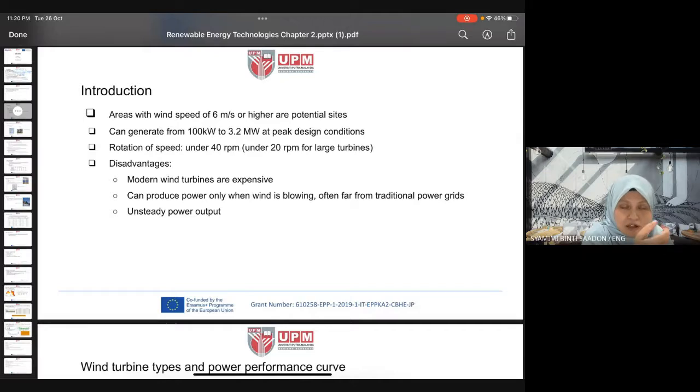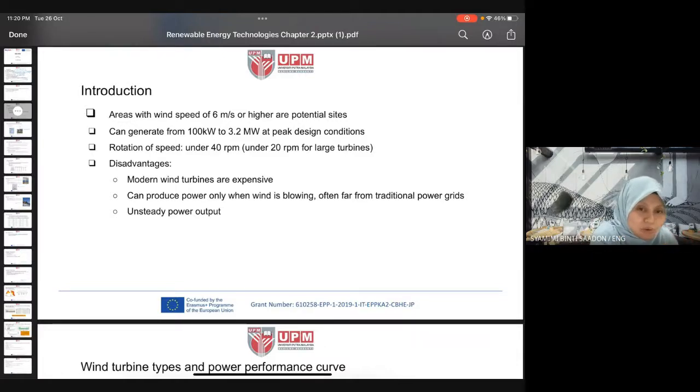So if we operate the wind turbine at its respective design conditions, it can generate from 100 kilowatt to 3.2 megawatt.